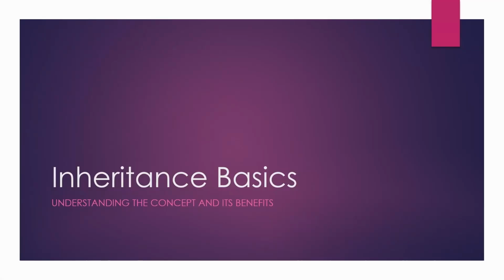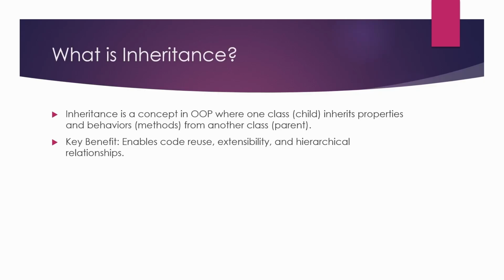Welcome to our session on inheritance in object-oriented programming or OOP. In this lesson, we will explore the concept of inheritance, its benefits, and different types of inheritance in OOP. Inheritance is one of the core concepts in OOP.